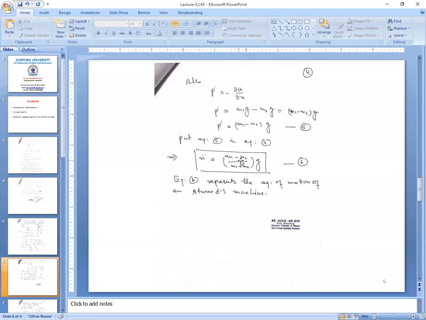It means there will be no motion, and both masses will have 0 velocity and 0 acceleration. If m1 is greater than m2, m1 will go down and m2 will go up. Similarly, if m2 is greater than m1, then m2 will go up and m1 will go down. Equation number 6 represents the equation of motion of an Atwood machine consisting of a single pulley.